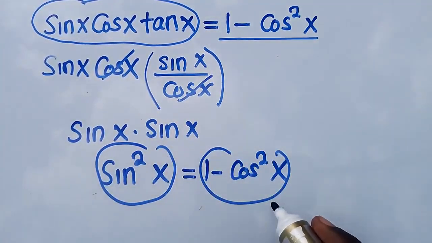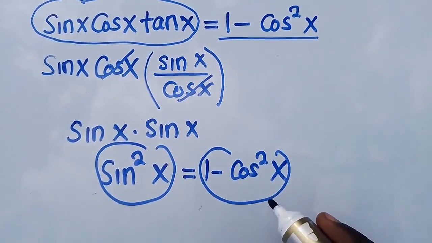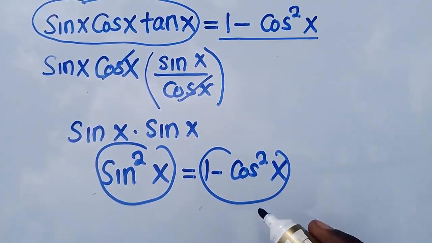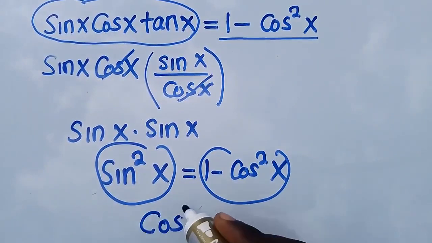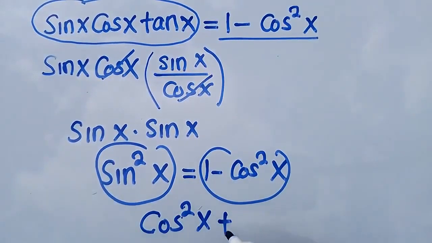Hence, you have proven. So when you check the first identity there, which I taught, where I said that these are Pythagorean identities, where I said that cos squared x plus sine squared x is equal to 1. This is what I told you.